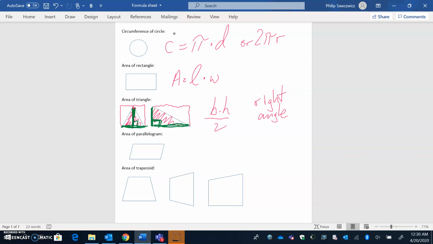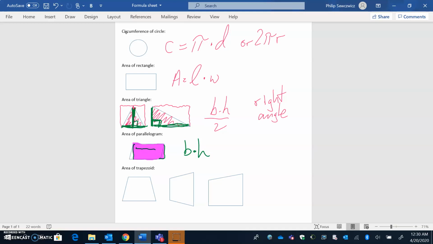Same thing with your friend, the parallelogram. The area is simply base times height. And the reason why is if you cut off that triangle and slide it right over there, what'll end up happening is you'll have a nice rectangle when you do that.